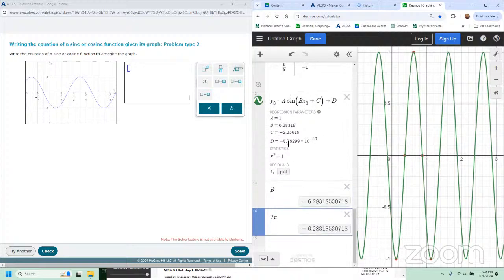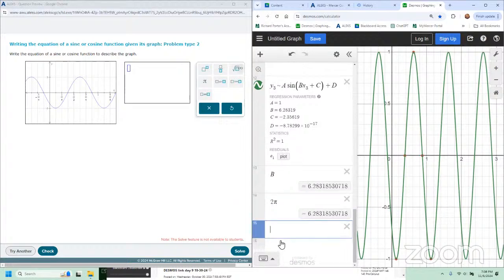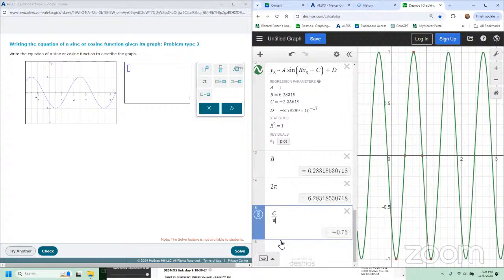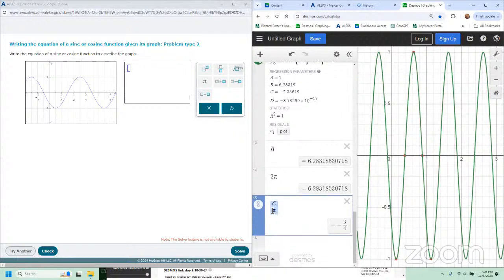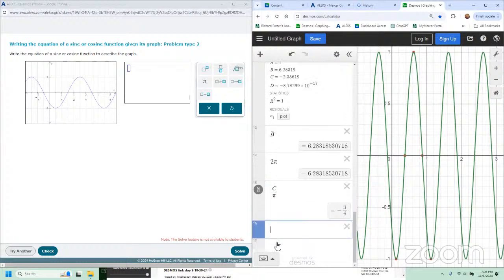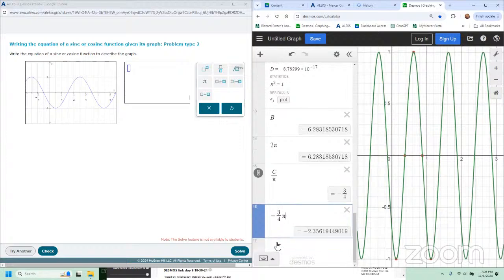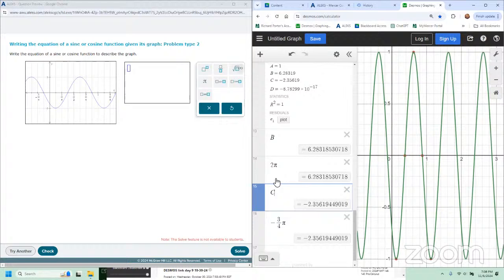And then, I don't know what C is, so let's just type C. C divided by pi, and I get -3/4. So let me just write -3/4 pi and show you that that's the same as C. And it is.